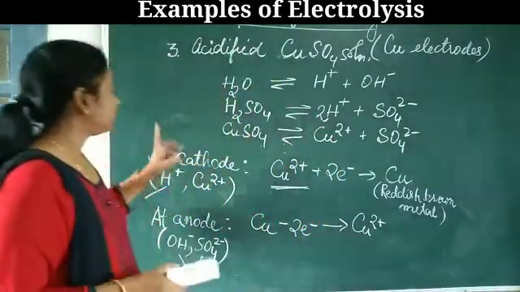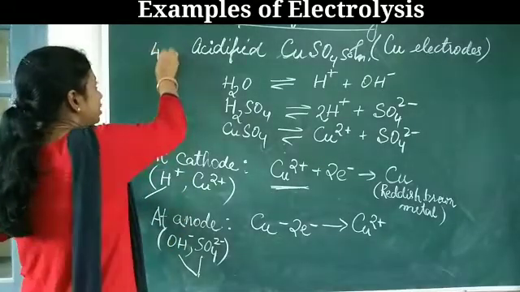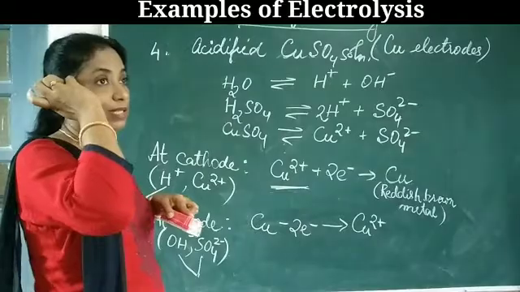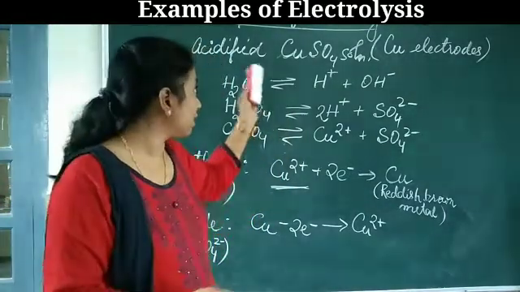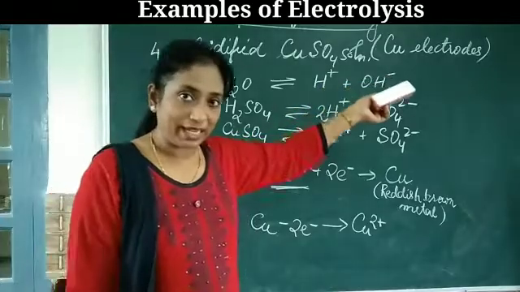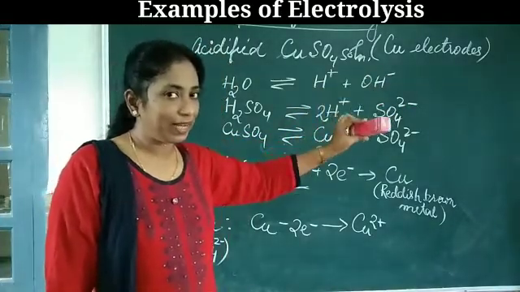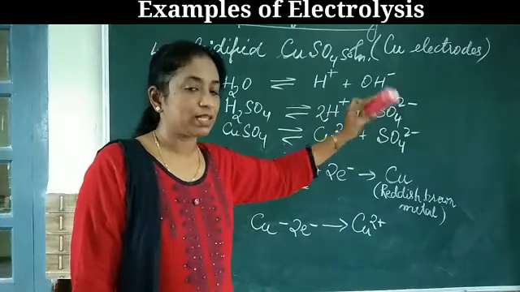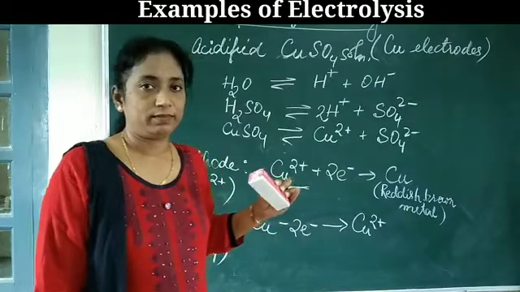Okay? So this is the fourth one that we did today, but the third one which we did, copper sulfate solution using platinum electrodes, is not in our syllabus. But you must remember that when we use platinum electrodes, the color of the electrolyte will keep fading.